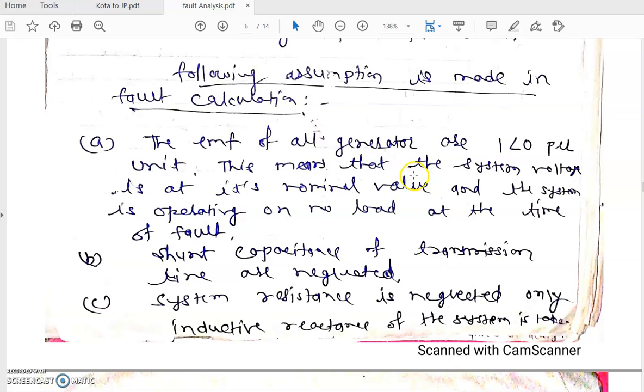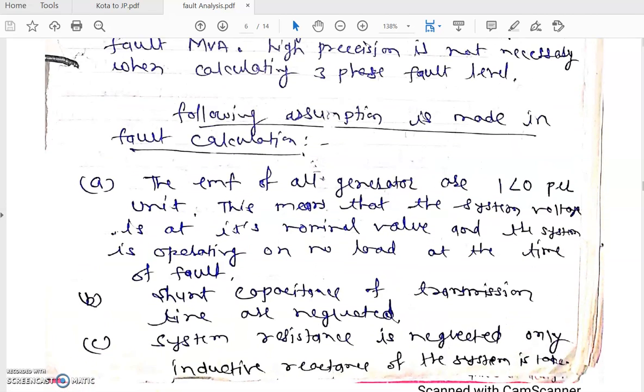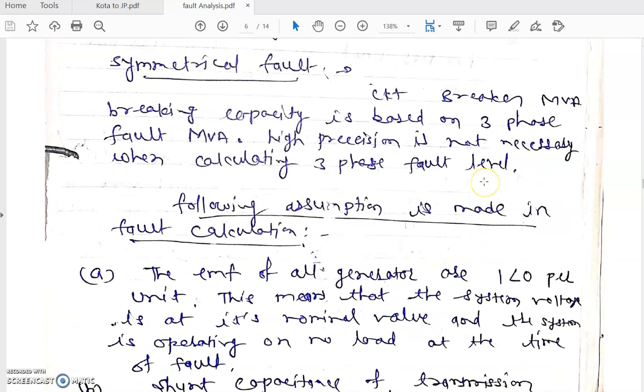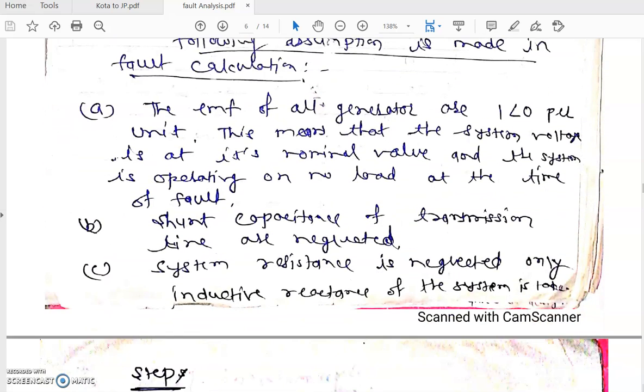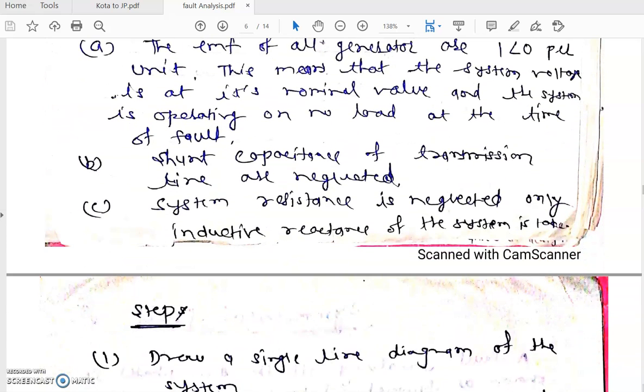This means that the system voltage is at its nominal value and the system is operating on no load at the time of the fault. As we discussed, we have no need of high precision data, so we may assume the EMF of all generators are 1 angle 0 per unit.